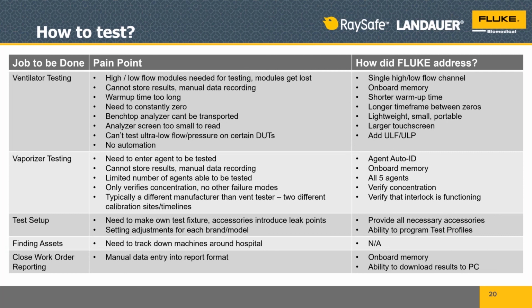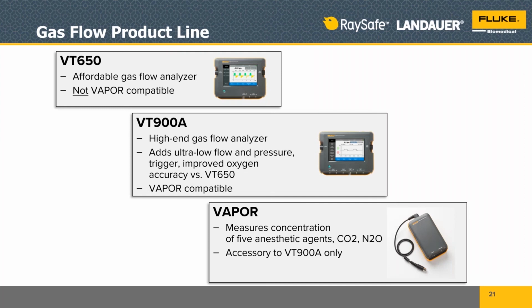So very quickly, our lineup of ventilator testers is the VT650 and the VT900A. VT900A works in conjunction with vapor and also adds ultra low flow and ultra low pressure over and above the VT650. Yeah, so again, if we touch on some of the features, having that single flow channel is good.